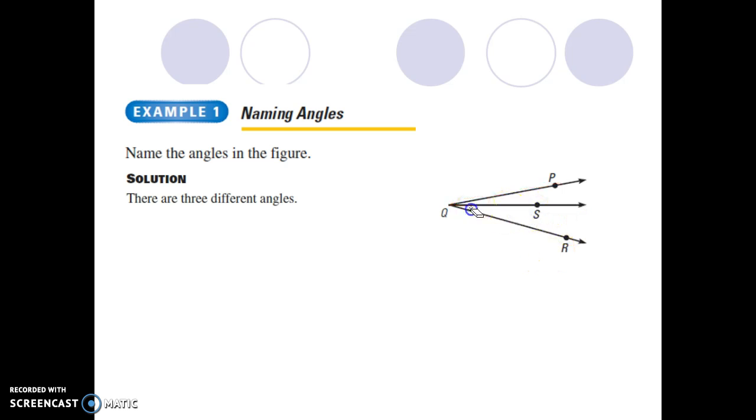The other small angle right here has that same vertex, so again I need three letters: SQR or RQS. The larger angle on the outside I would name PQR or RQP. So I need to name all of these angles using three letters because they are attached. If I simply said angle Q, you wouldn't know which angle I was referring to.